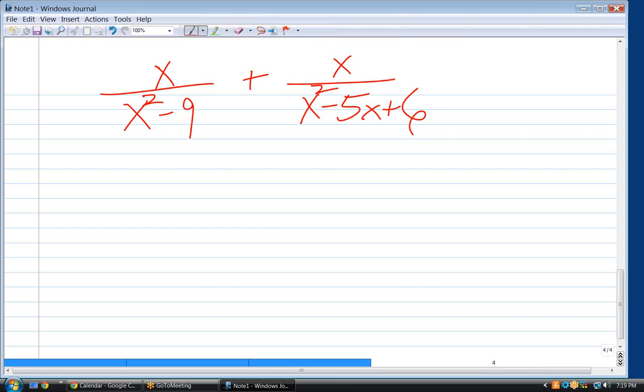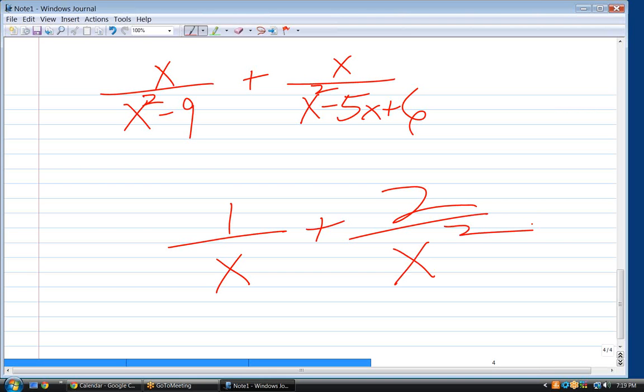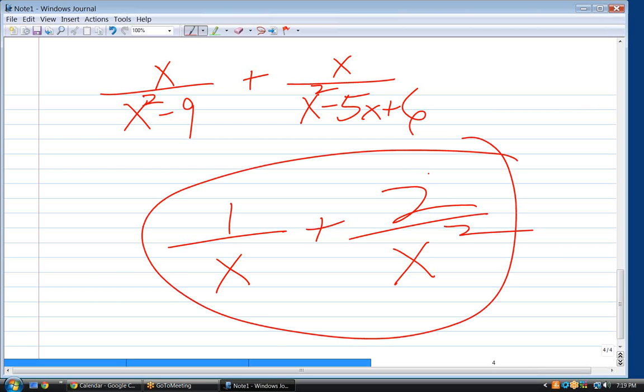A common denominator would automatically be this times that. But let's examine that for a second. Let's say we had this question here. What is the least common denominator for this problem? x? x squared.